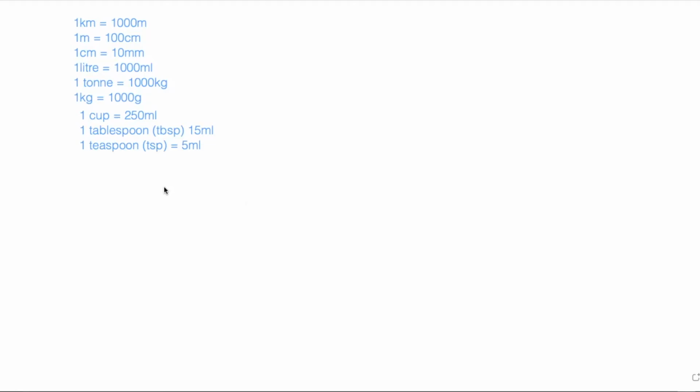So there's a question here which says 285.4 miles in kilometers. A mile is longer than a kilometer, so what you need to do is go 285.4 multiplied by 1.609.